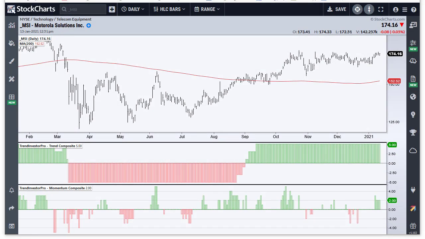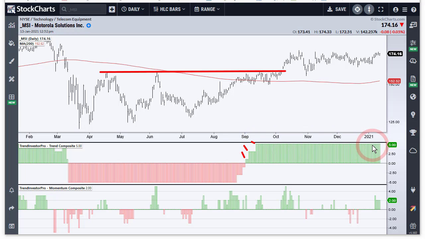And this one here is Motorola Solutions, MSI. And what I noticed here is it's got a consolidation after a breakout in an uptrend, and it is breaking out. So you can see here, there is the big breakout in October when it broke out above these highs here. Just before that, you can see the stair step in the trend composite as it slowly turned from 3 of the 5 bullish to 4 of the 5 to all 5 bullish.